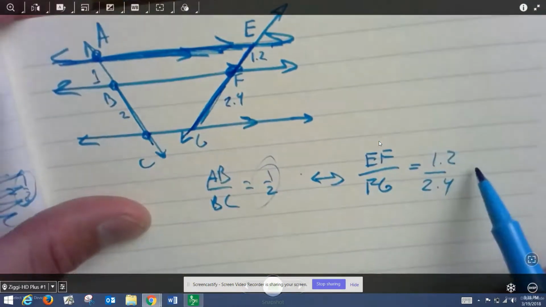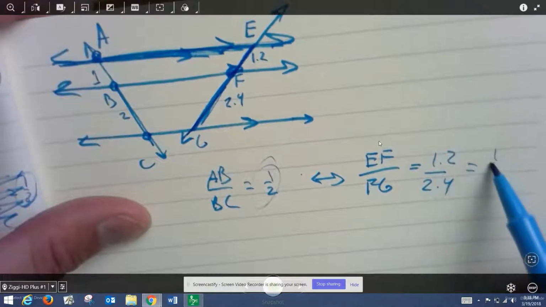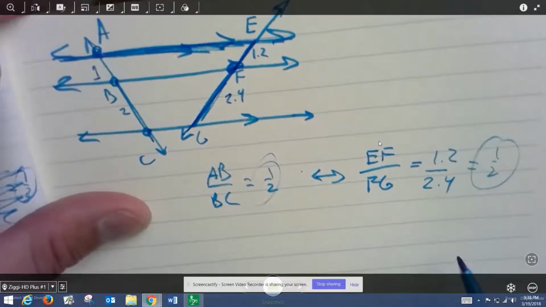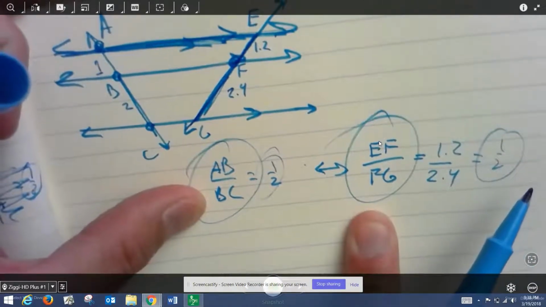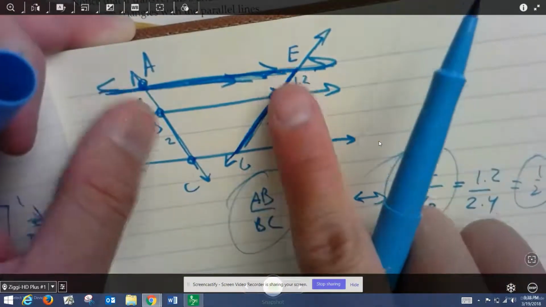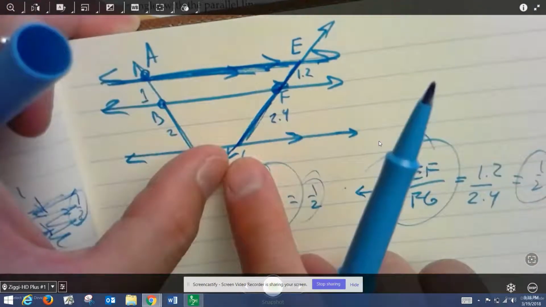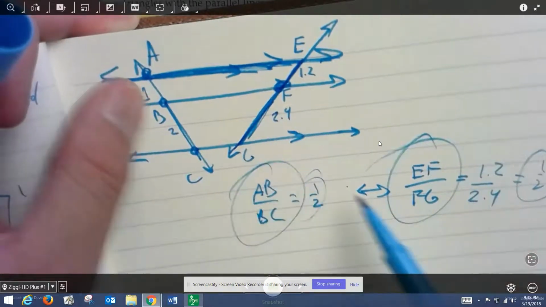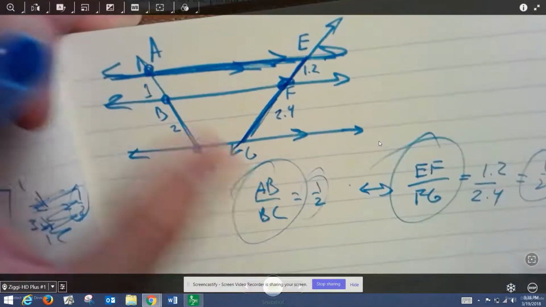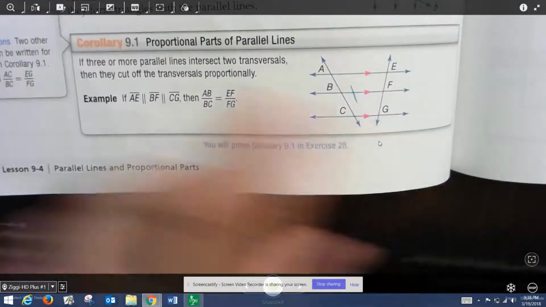So if you do 1.2 divided by 2.4, you'd get 1/2. So these ratios are proportional to each other, because if you had three lines going perfectly parallel to each other and you drew the transversals any way you wanted, the ratios in which the transversals are cut up are going to be proportional to each other when you set them up as a ratio. So that's that for this corollary.